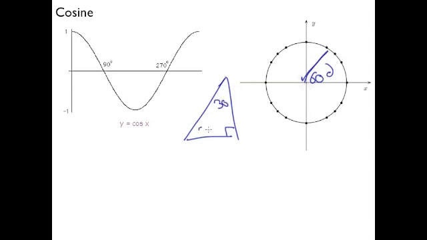So 1/2, square root 3 over 2, and 1. So what would the cosine of 60 degrees be? Yes, 1/2. That means here the x value is 1/2. So 1/2, comma, blank. Yes, correct.